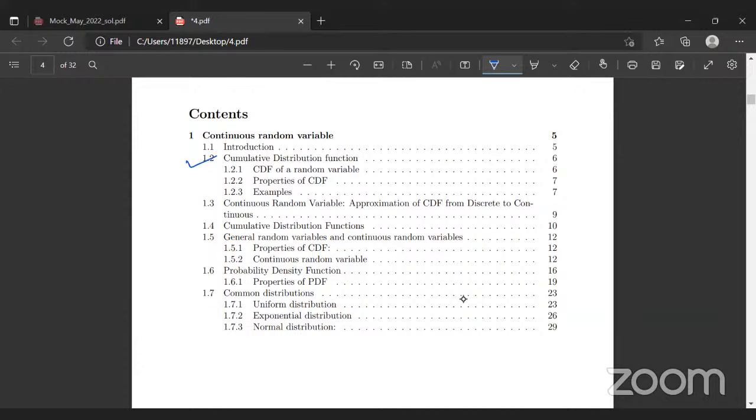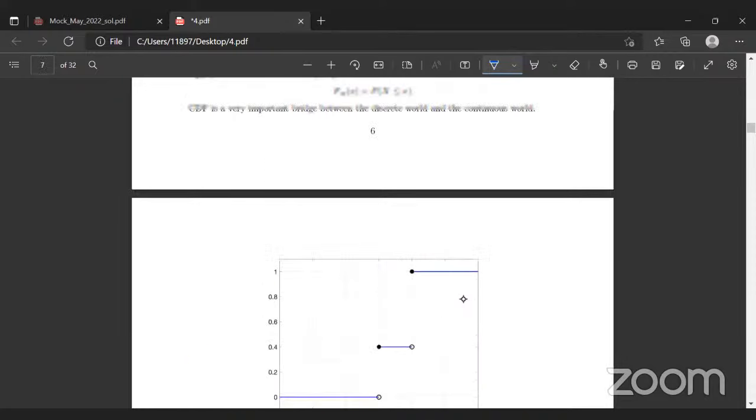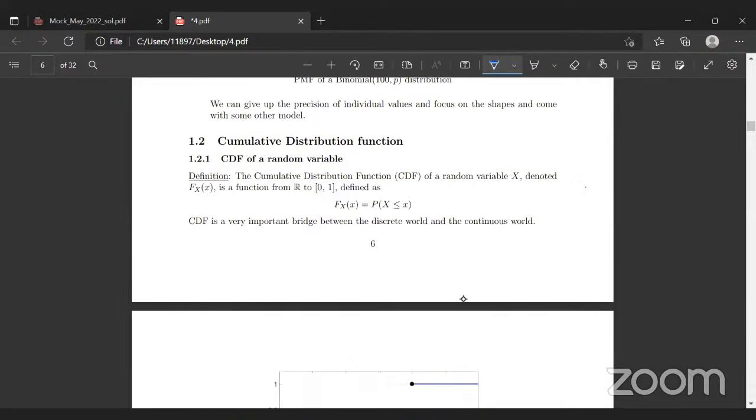So we have these topics in week 4. One is CDF, then PDF, and then some common distributions. Let's start with the CDF first. A CDF is defined as, if you have any random variable X, the CDF F_X(x), which is the probability that the random variable X takes a value less than or equal to small x.